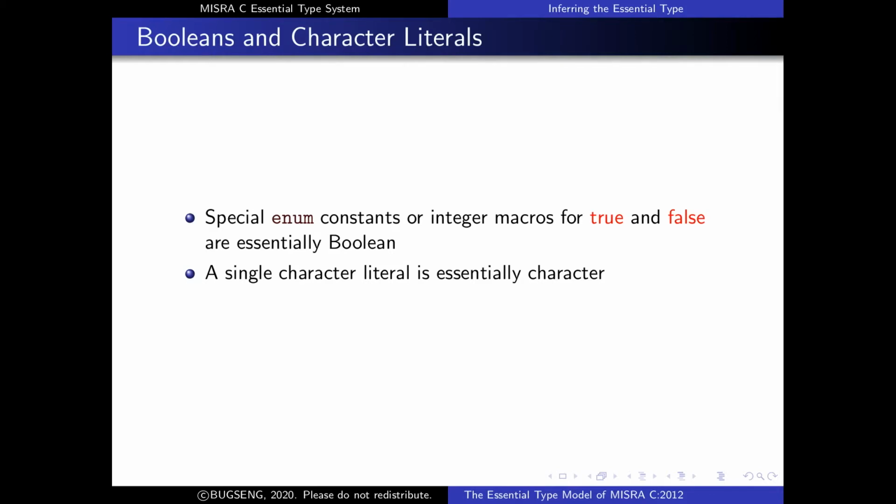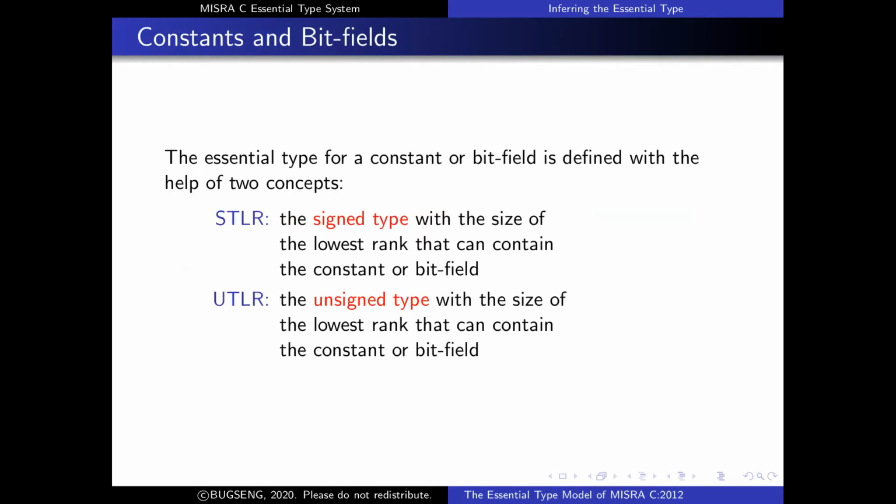You can do this using enumerations, typedefs or integer macros, and of course you will have to tell your tool about your choices. Anyway, all the things that you have defined to be essentially Boolean are of course essentially Boolean. A single character literal is essentially character, with essential type category character.